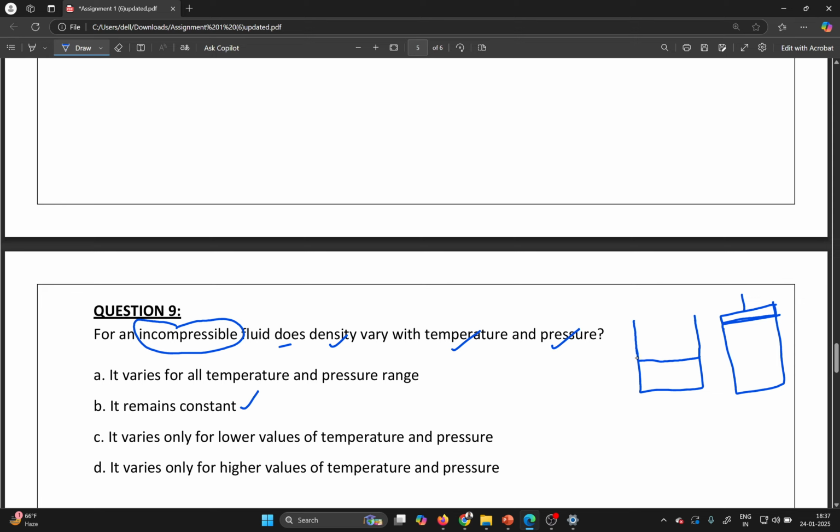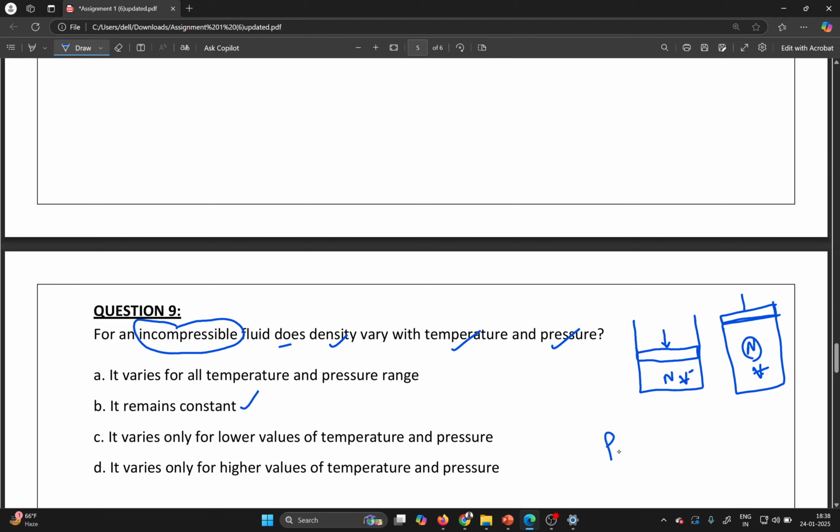Now if you press the plunger, let us suppose your number of molecules is n. Definitely the number of molecules will be the same, n, but the volume, here volume is V, will be V minus some volume, which is reduced.